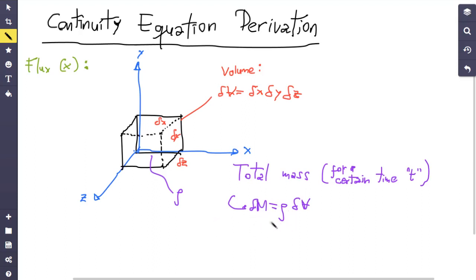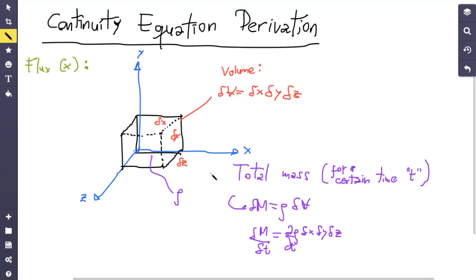And the variation of this mass in time will be equal to the partial derivative of the density with respect to t times dx dy dz, okay?